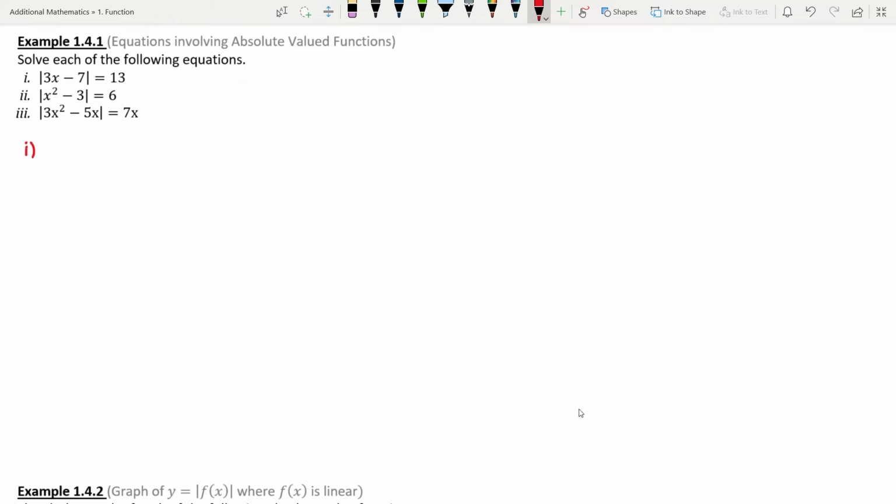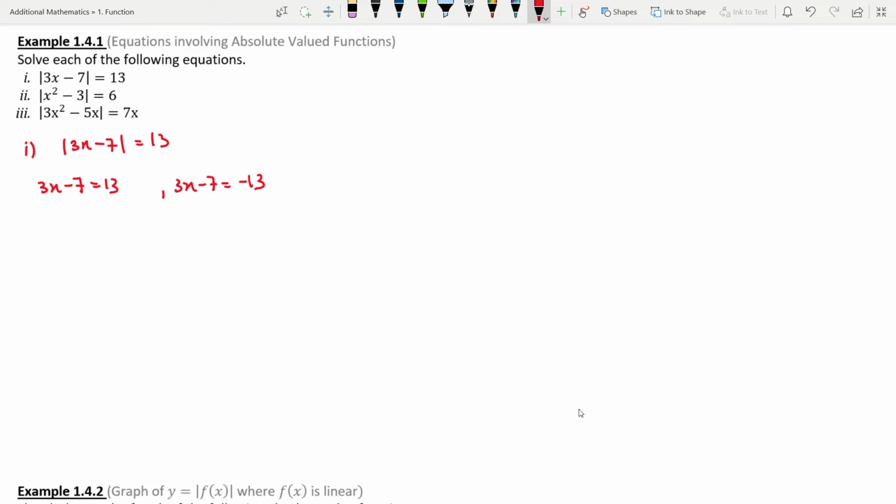Question 1. Modulus 3x minus 7 is equal to 13. Modulus value will give us a positive and a negative value. So we have 3x minus 7 equal to 13, and the other one is 3x minus 7 equal to negative 13.